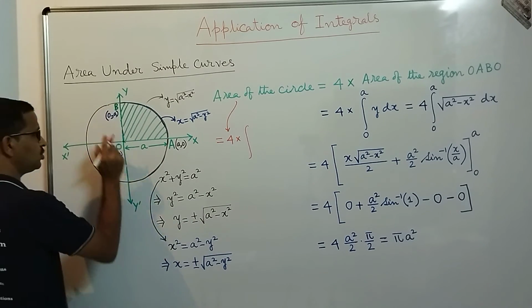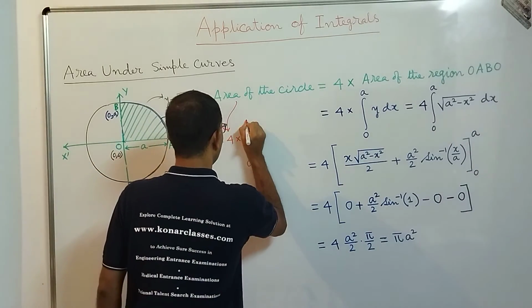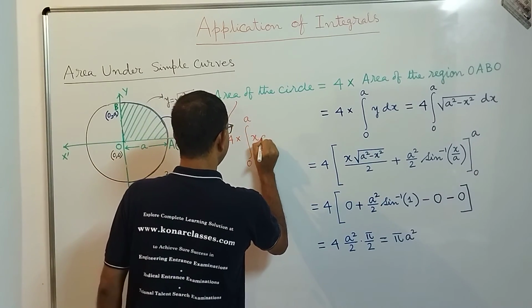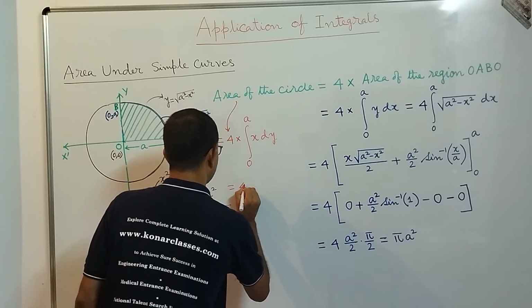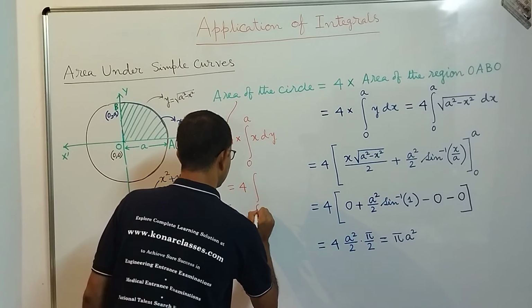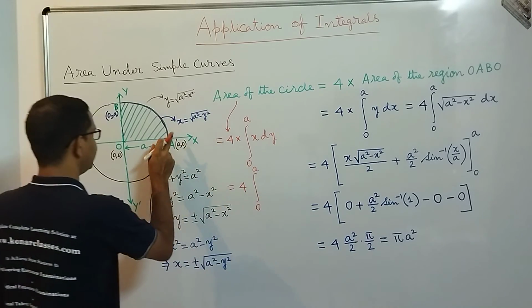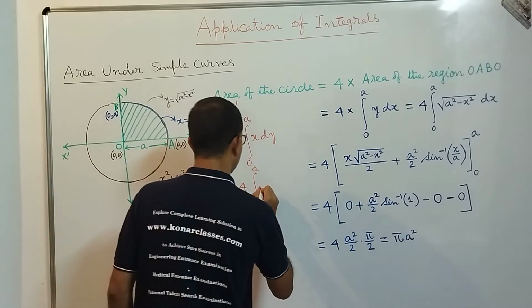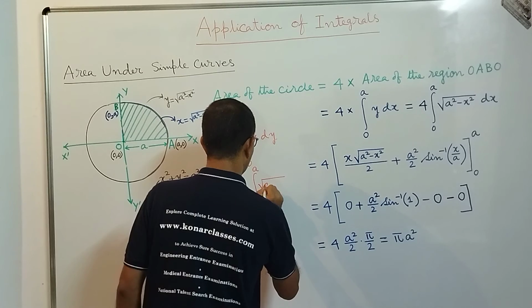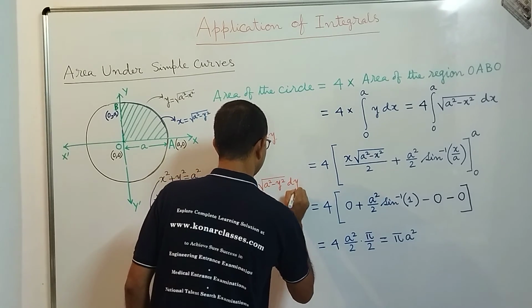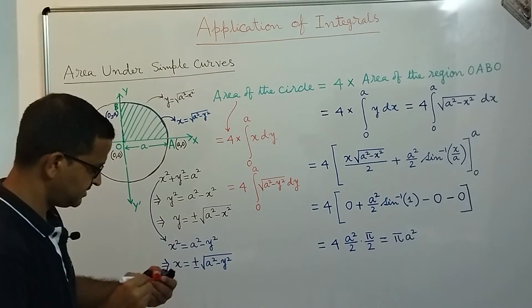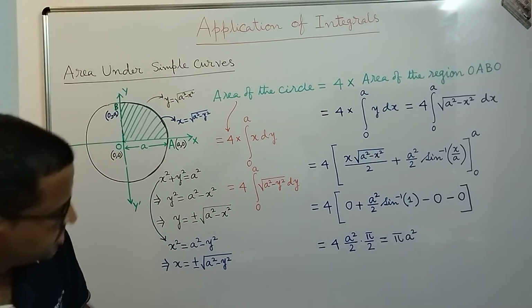Y is varying from 0 to a. 0 to a x dy, correct? So that is equal to 4 times integration 0 to a. What is x? X is nothing but square root of a square minus y square, square root of a square minus y square dy.